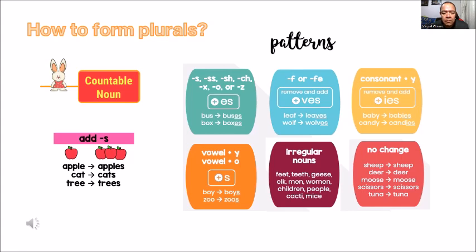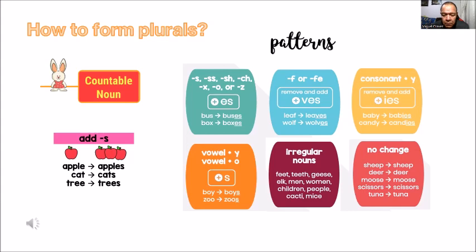For example, leaf, leaves, wolf, wolves. Change y to ies if a noun ends in a consonant plus y. Baby, babies, candy, candies. But just add s if the noun ends in a vowel plus y. For example, boy, boys, toy, toys.